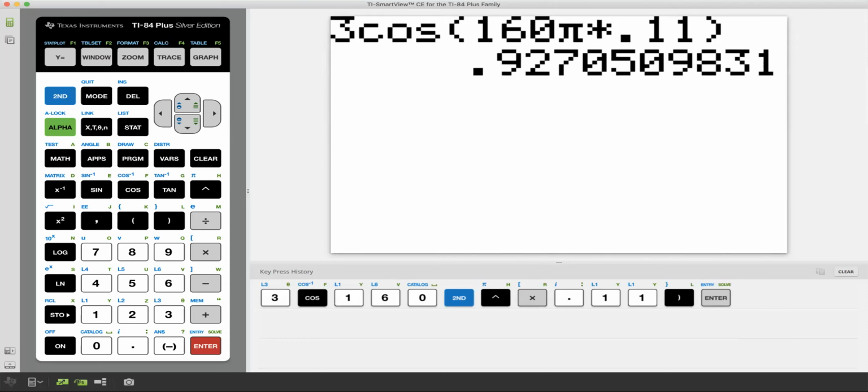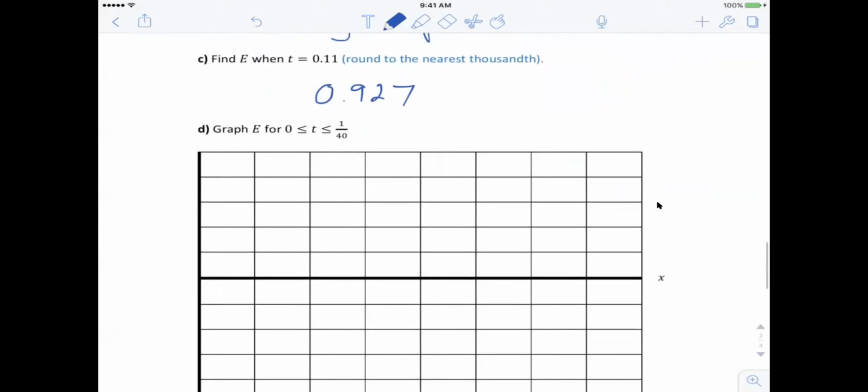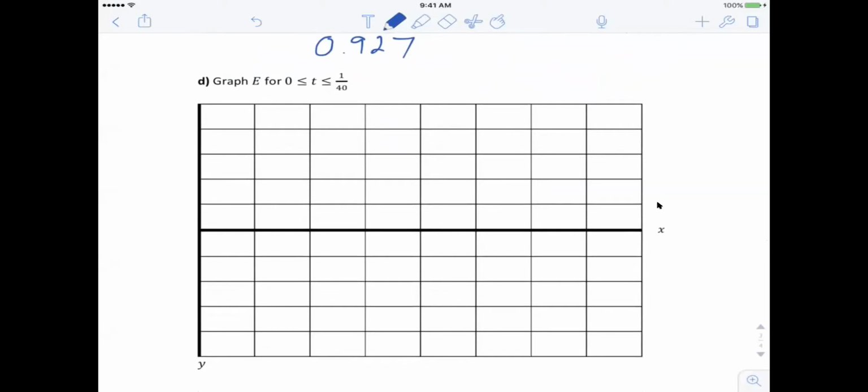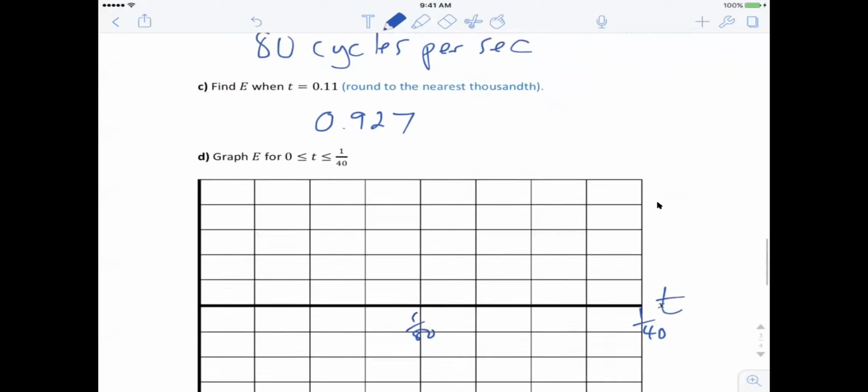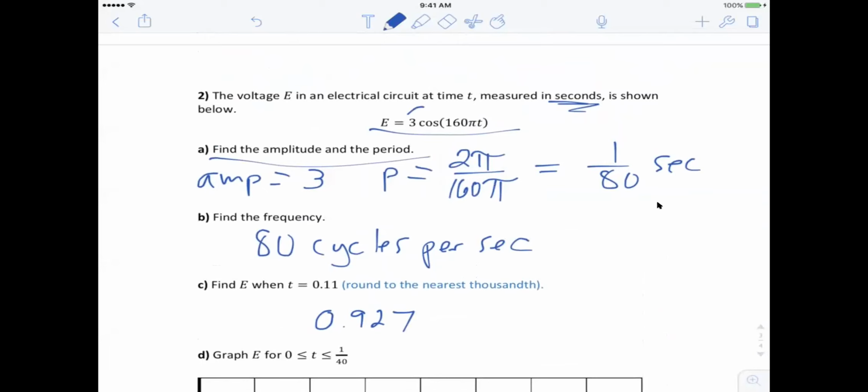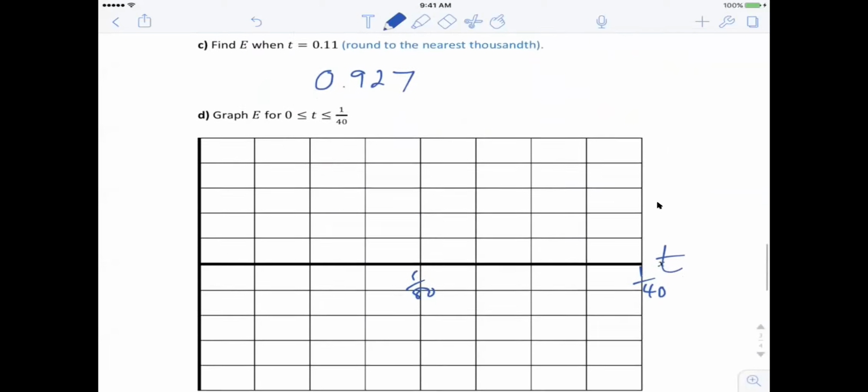Okay, last thing it says on this one is to graph it, right, from 0 to 1/40th. All right, so again, this is t over here, 1/40th. So half of 1/40th is 1/80th, right? And so one full cycle happens at that point, 1/80th. And then this is a positive cosine, and goes up to a maximum of 3.